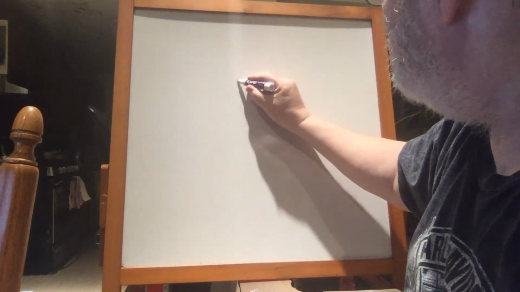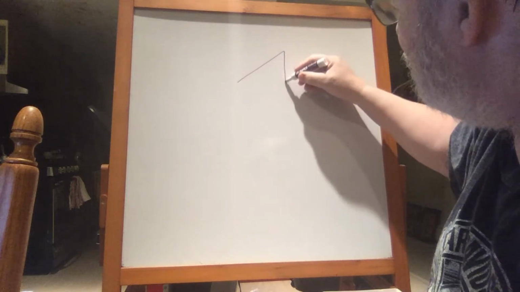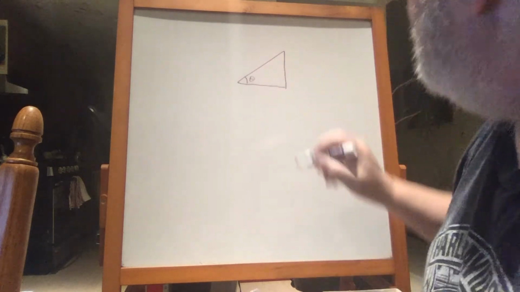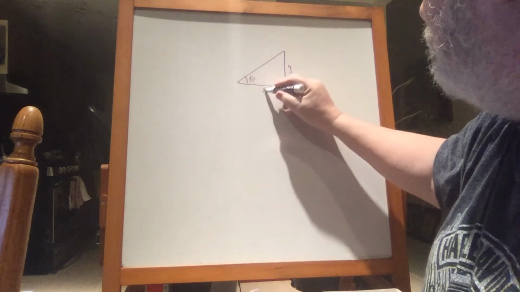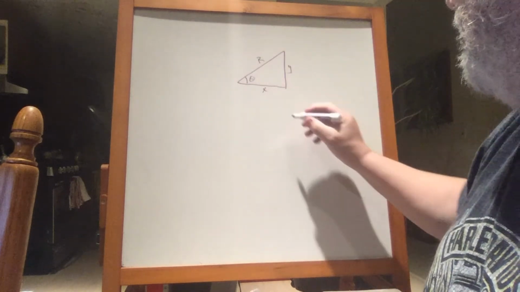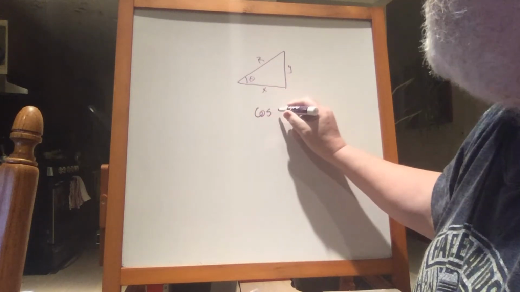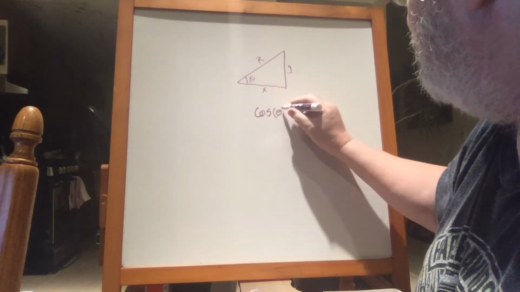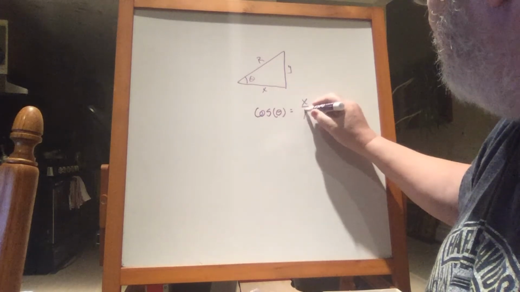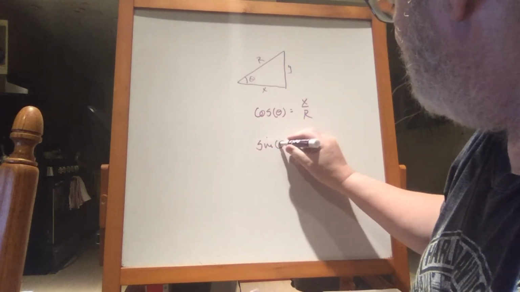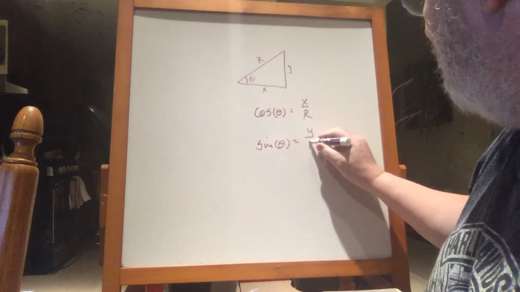And remember when we had a right triangle, and we have y, x, and r, and we have cosine of theta equals x over r, and we have sine of theta equals y over r.